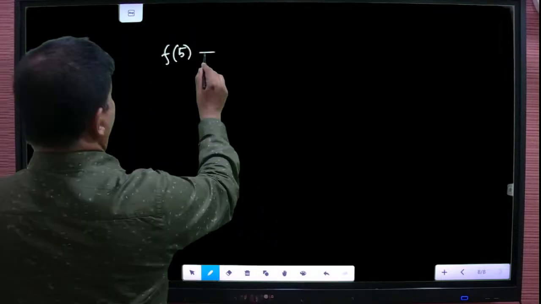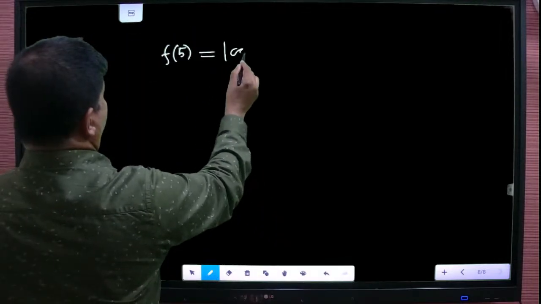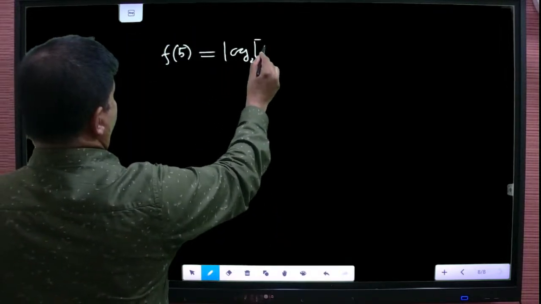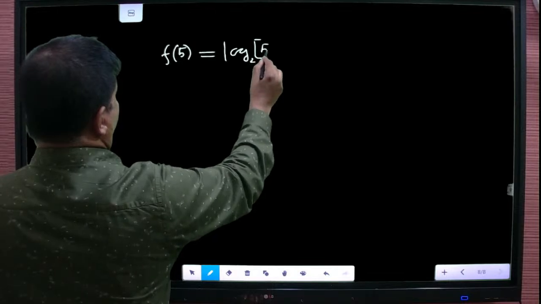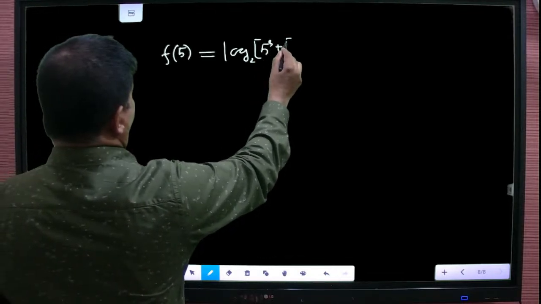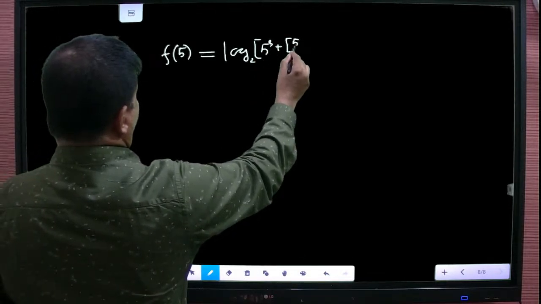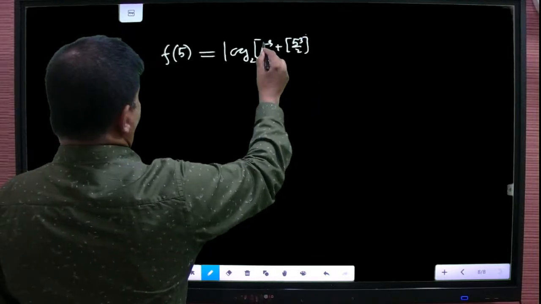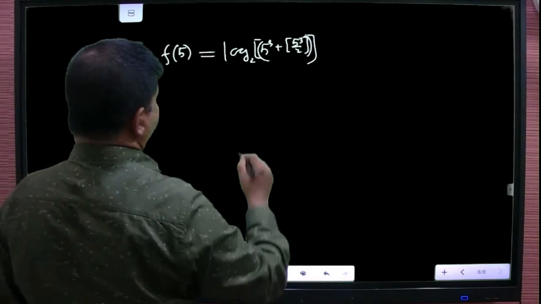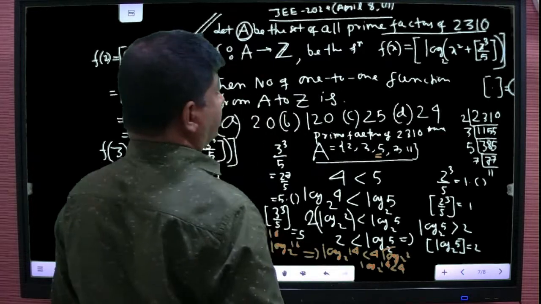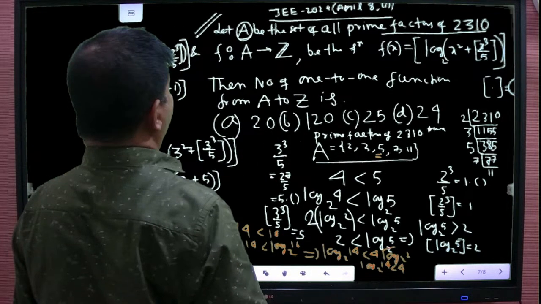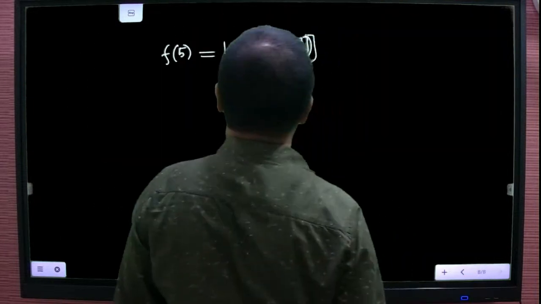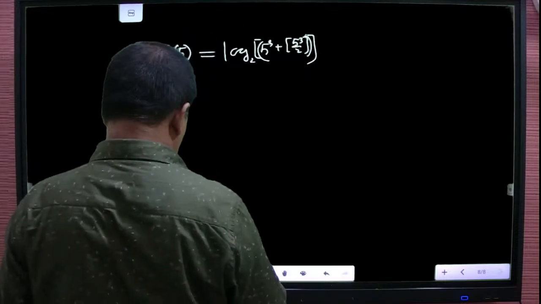Log base 2 of 5 cube plus box of 5 cube by 2. See, sorry, by mistake I have written it; the log will be written outside.